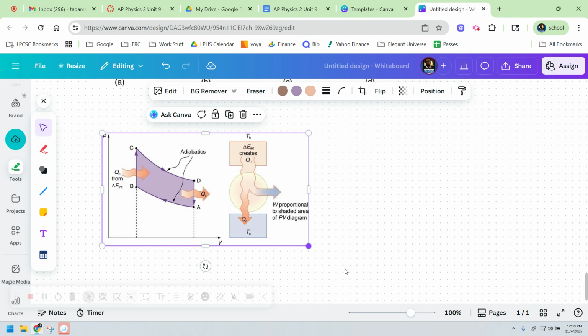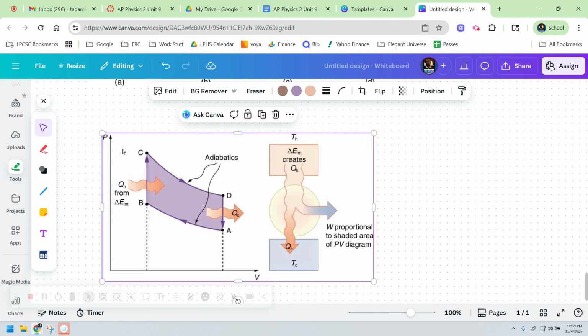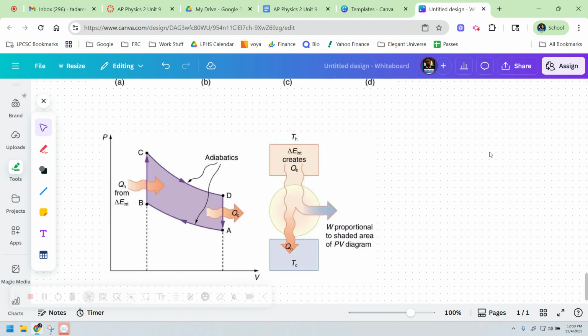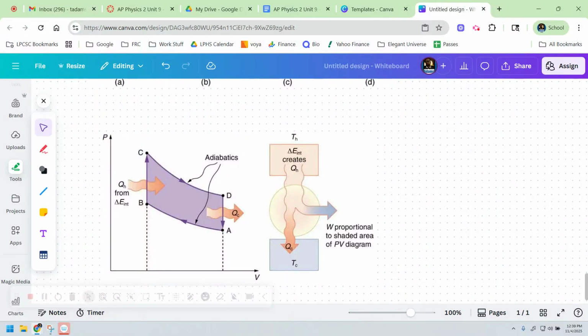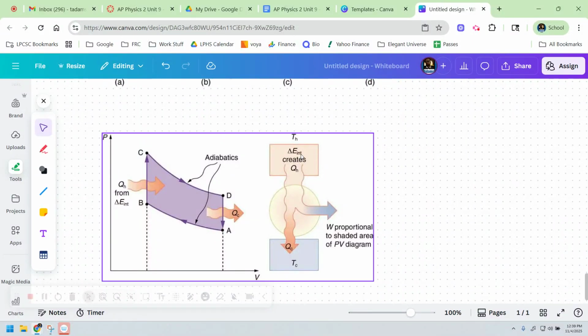So remember when we talked about adiabatic processes a couple of sections ago, or maybe it was the last section ago, you know, the cycle repeats itself. You go from A to B to C to D, right? So that's what we're referring to. On the right, we have this internal energy.